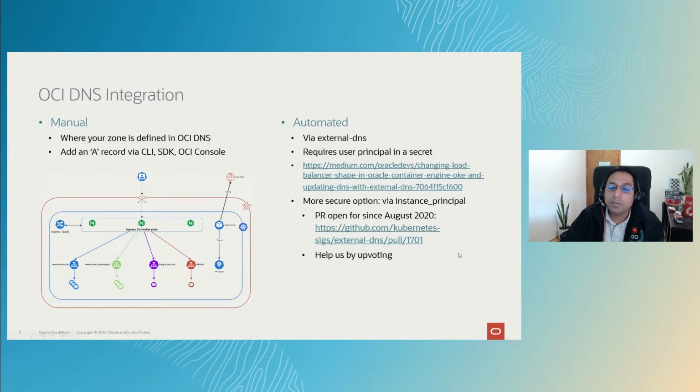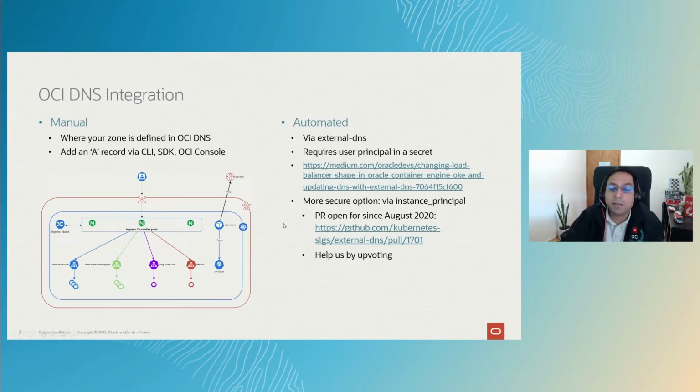Now, a more secure option is to use an instance principal. Instance principal is a mechanism in OCI where you designate some compute instances to be able to carry out certain restricted API operations, and you can restrict which ones you want them to be able to do.